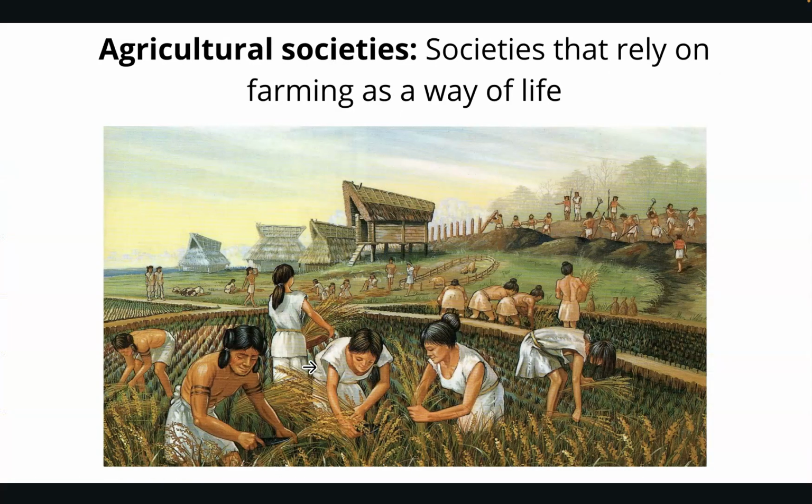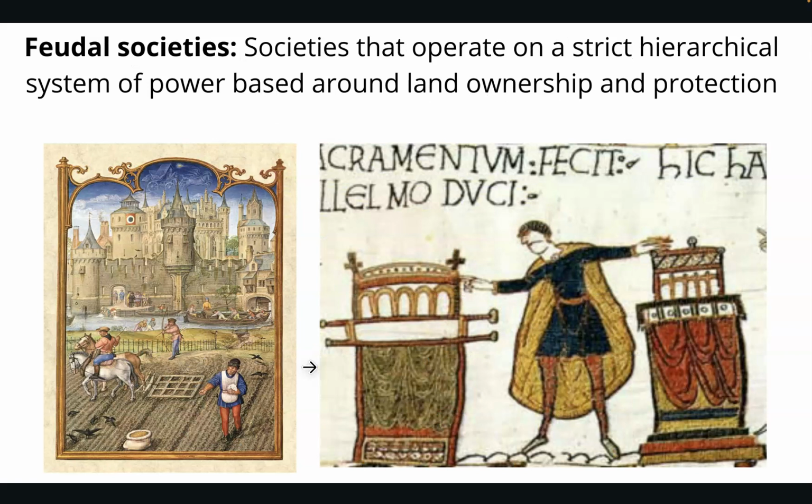And then the agricultural societies and the food societies, there were the accumulations of the belongings and the personal belongings and the properties.